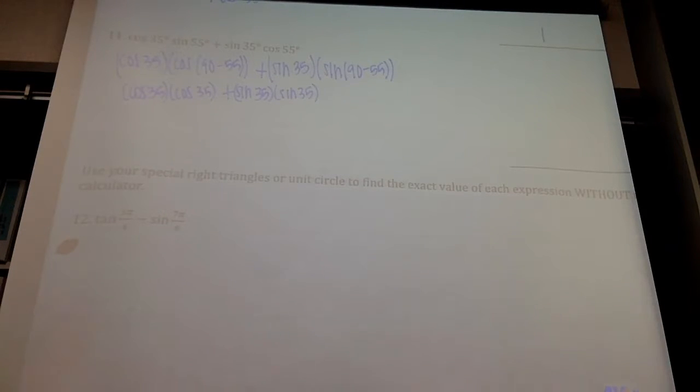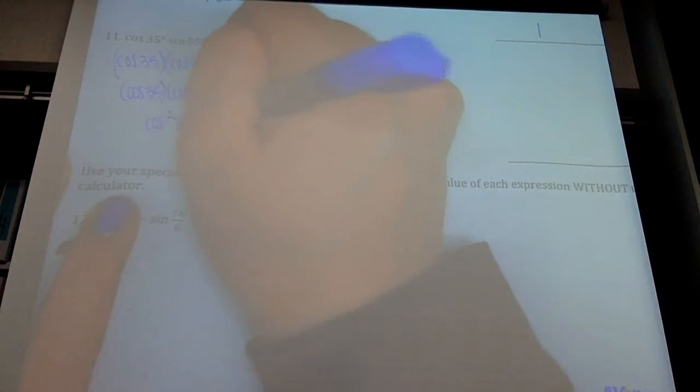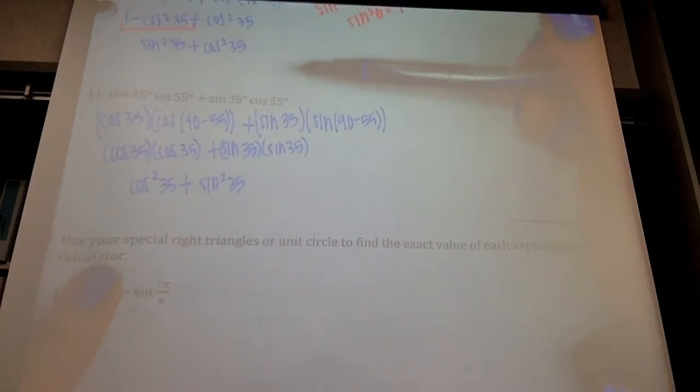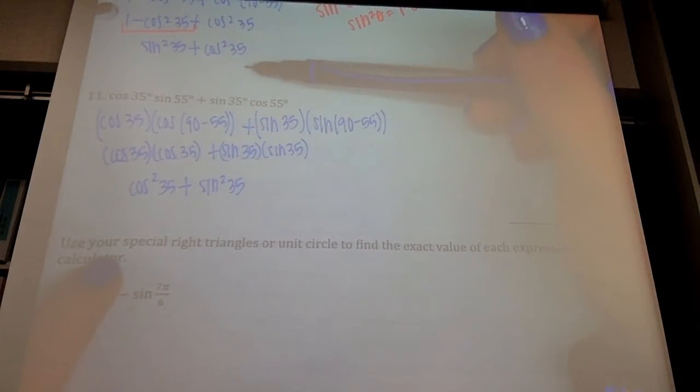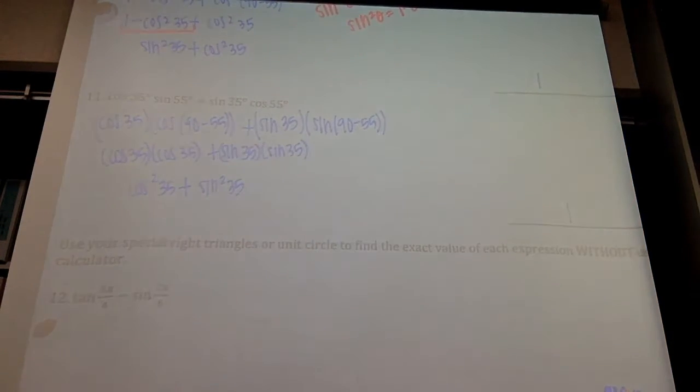Cosine times cosine with the same angle measure becomes cosine squared 35, and sine times sine becomes sine squared 35. And just like we saw on the problem right up here, when it's the same angle measure and it's sine squared and cosine squared and we're adding, it simplifies to be 1.